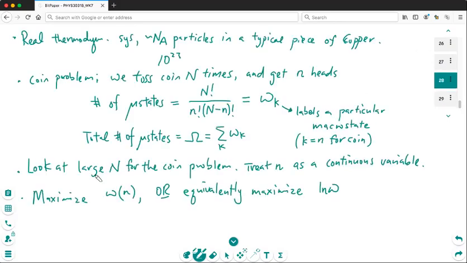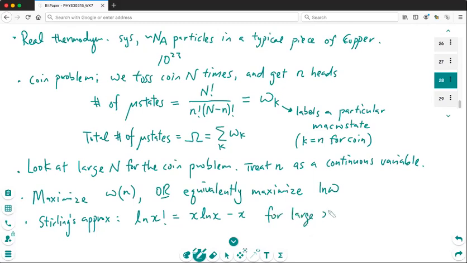Another thing is, as a preview, log has an advantage because when we have log, we can use Stirling's approximation, which says if you have log of x factorial, you have x log x minus x for large x.